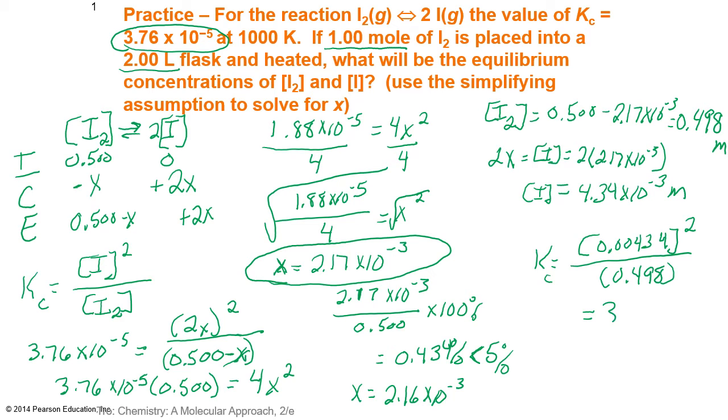And we get 3.78 times 10 to the negative fifth for our equilibrium constant, and that is very close to what we started with, meaning that we have found the correct answer.